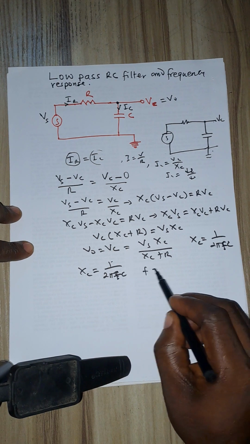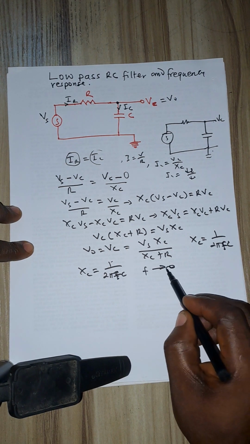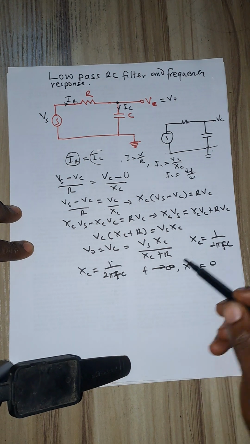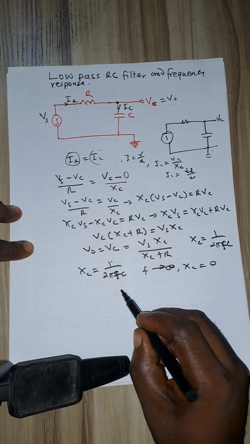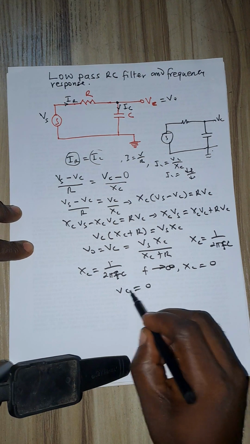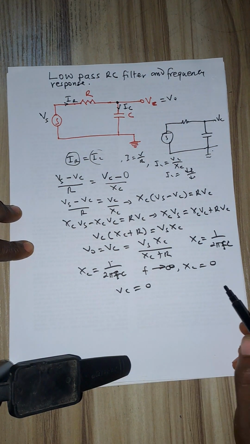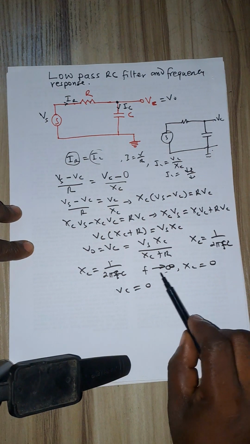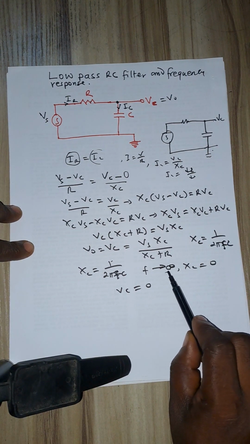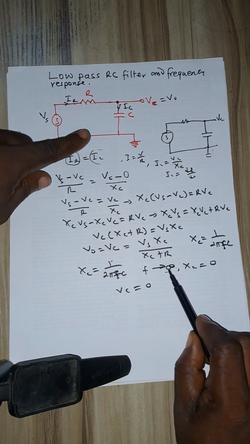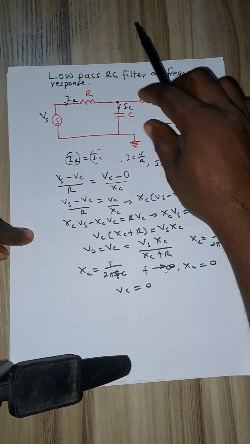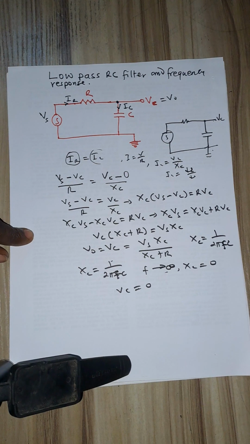If f is too large, if it tends to infinity, Xc will be equal to 0. If that happens, Vc will be equal to 0, so there is no output voltage. The output voltage is 0. Meaning, if a high frequency signal enters the circuit, it is disallowed. It is blocked off, and so you don't get anything as the output.